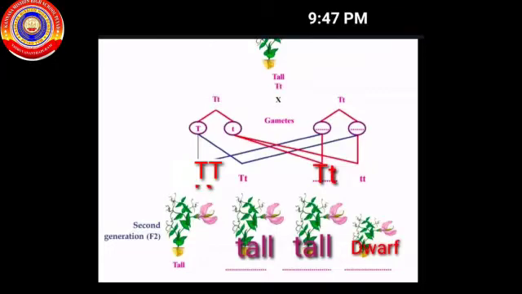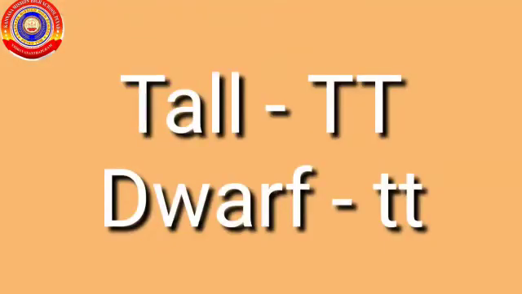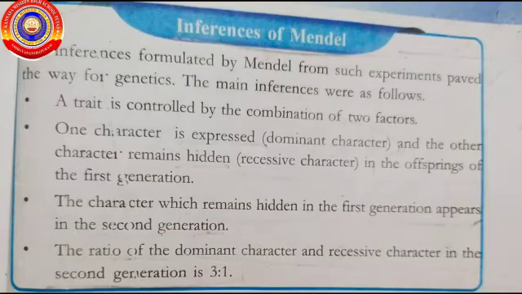According to this, there are inferences regarding Gregor Johann Mendel's method. The main inferences were as follows. First, a trait is controlled by the combination of 2 factors.